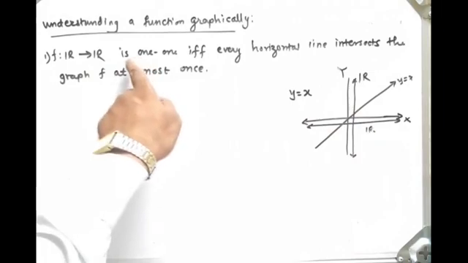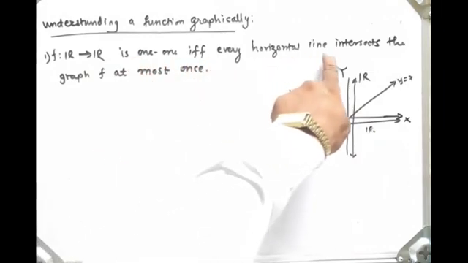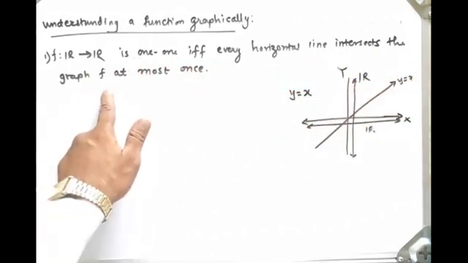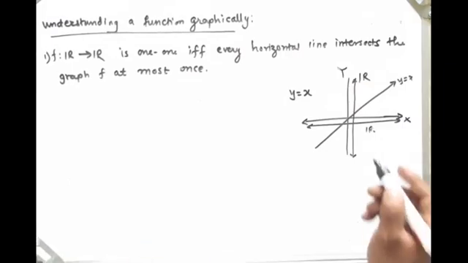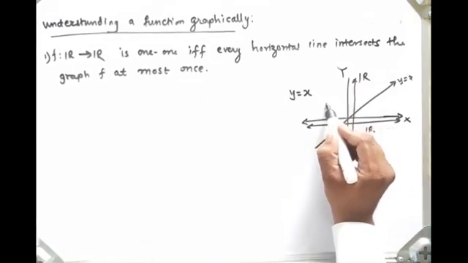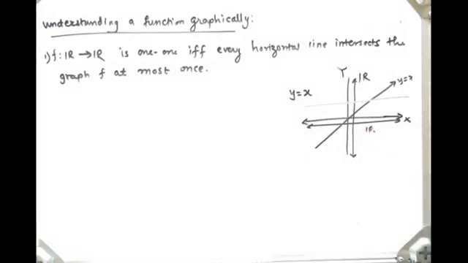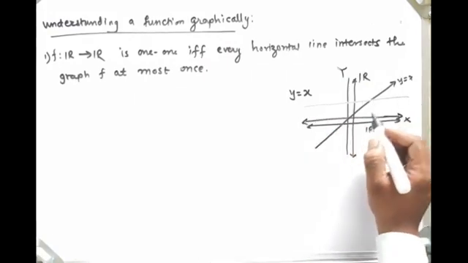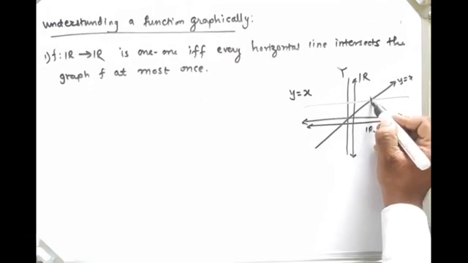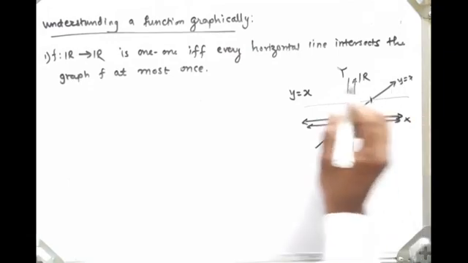is 1-1 if and only if every horizontal line intersects the graph of f at most once. What does that mean? If I draw a horizontal line parallel to the x axis, then it cuts the graph at most once, then we say that the function is 1-1.